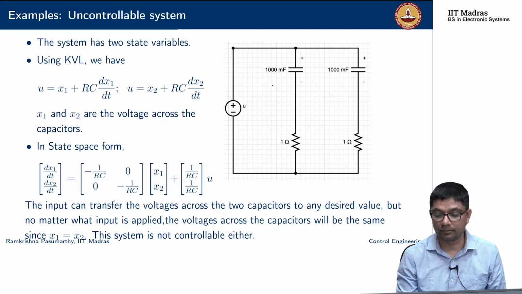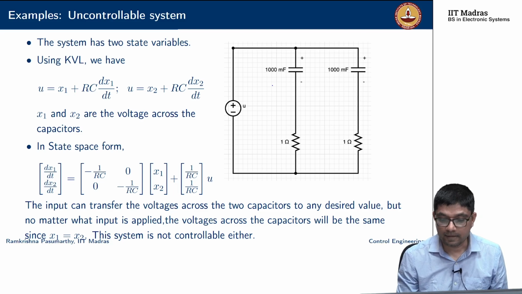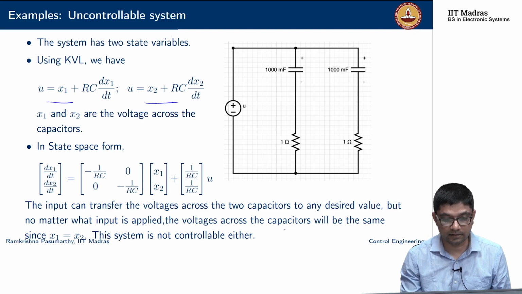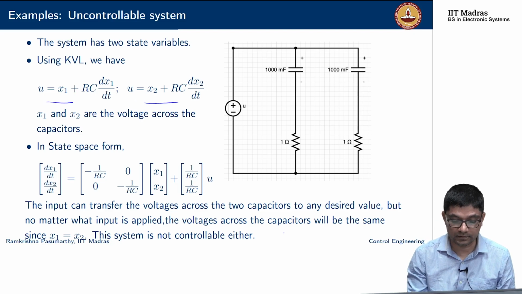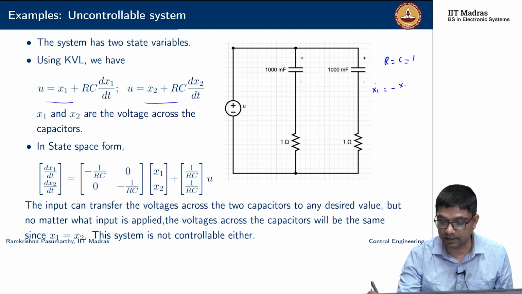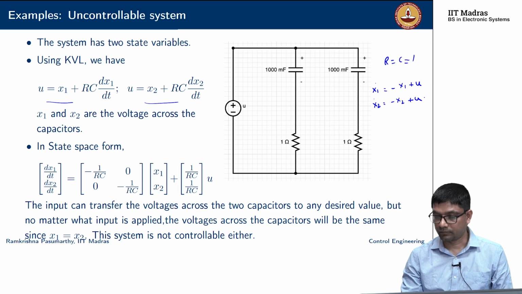Both have the same values of R and C. I just write down the equations, the standard KCL, KVL based equations. Let me just say RC equal to 1. So what happens here is that x1 dot is minus x1 plus u, x2 dot is also minus x2 plus u.